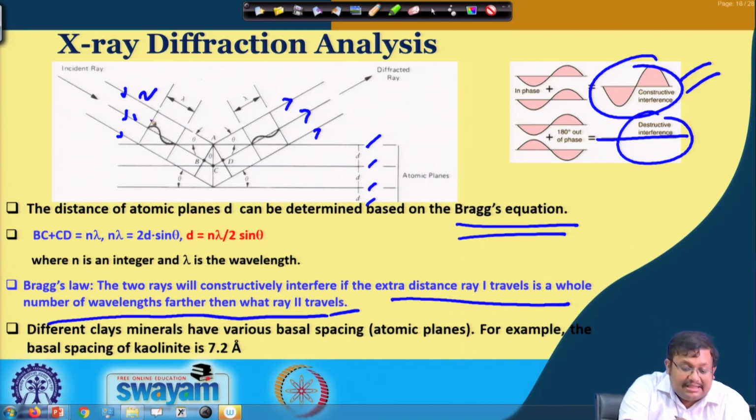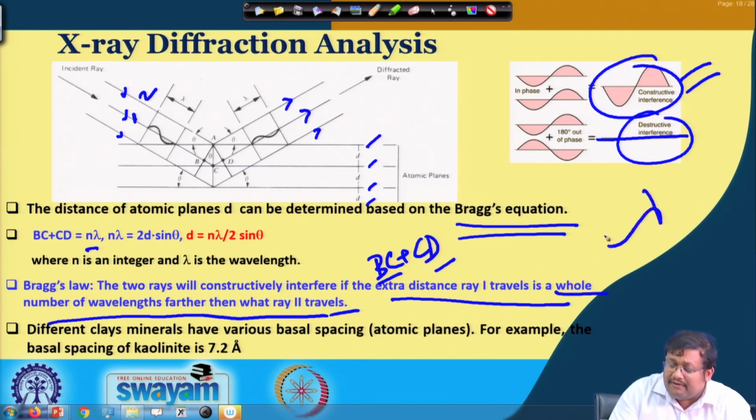So, let us consider this is ray 1 and this is ray 2. You can see the extra distance ray 1 travels is this BC plus CD as compared to ray 2. So, BC and CD can be calculated. BC plus CD is basically n lambda, a whole number of wavelengths further.